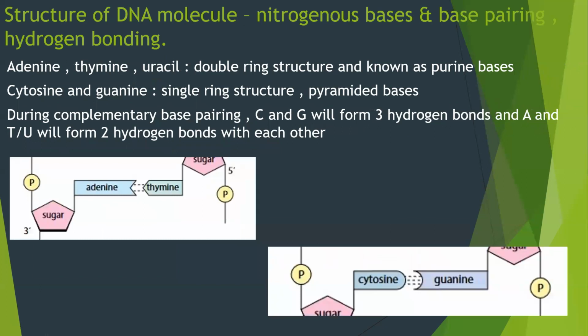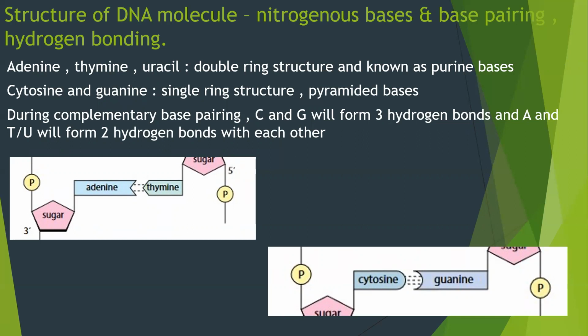So the structure of the DNA molecule, as we know, is made up of different types of bases such as adenine, thymine, uracil, and these bases can be classified into purine and pyrimidine bases. So purine bases are basically double ring structures. You don't need to know the structures, but you just need to know that the purines are adenine and guanine, and they have a double ring structure.